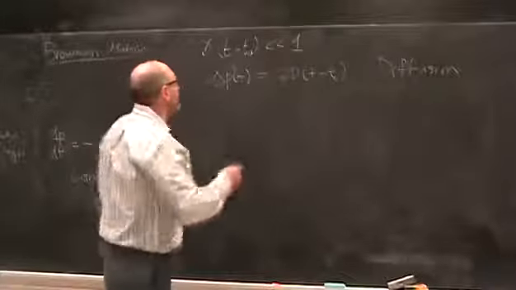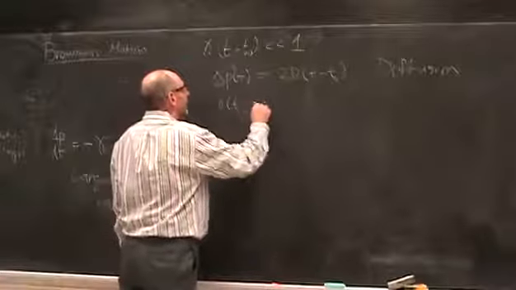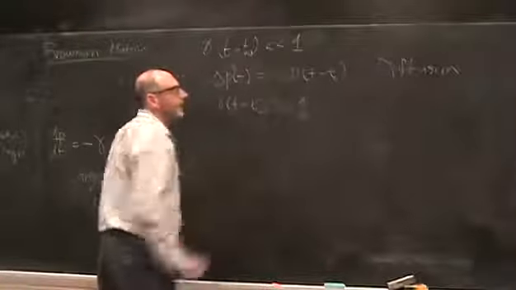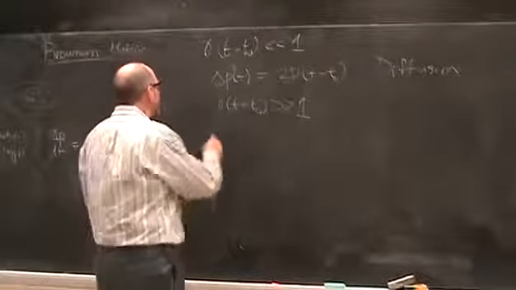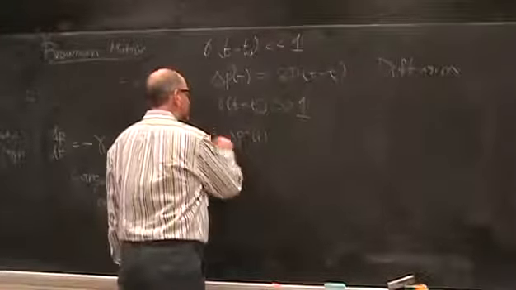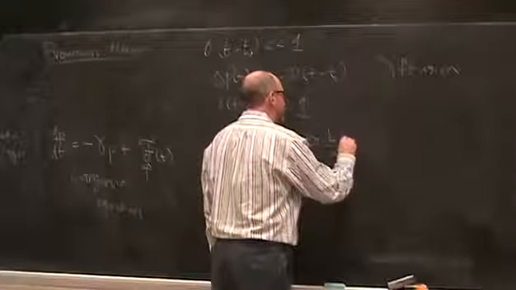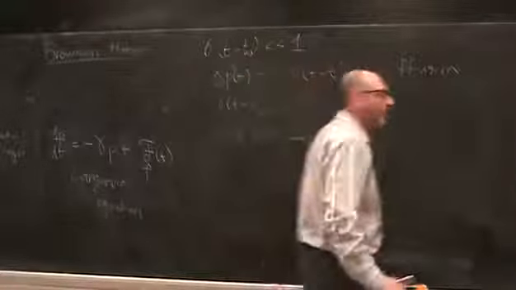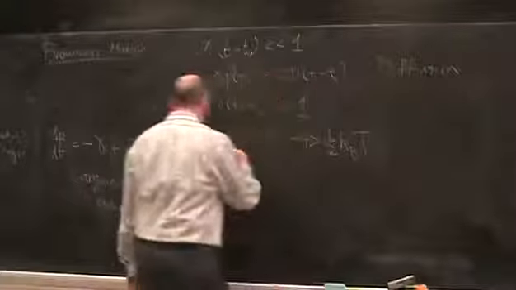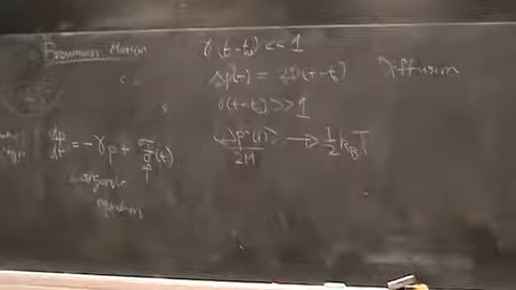In the long term, when this is much, much bigger than 1, then this thing goes to equilibrium. And if the reservoir is at temperature T, then we know from the equipartition theorem that P squared over 2m goes to 1/2 kT.